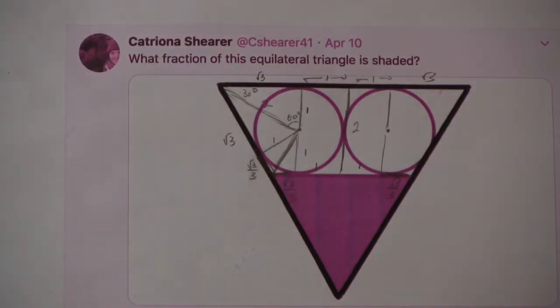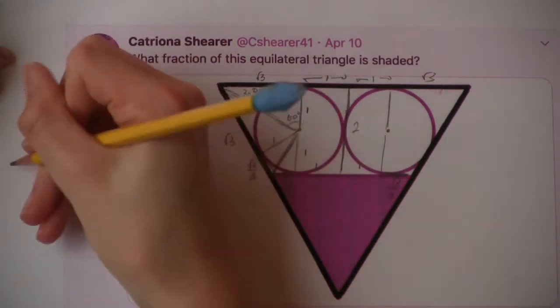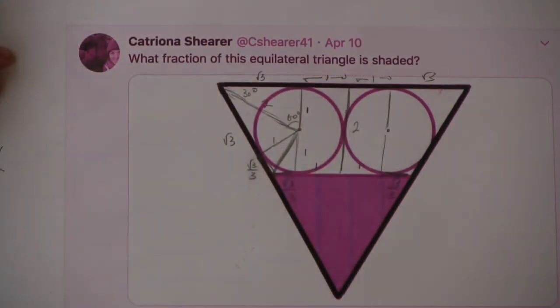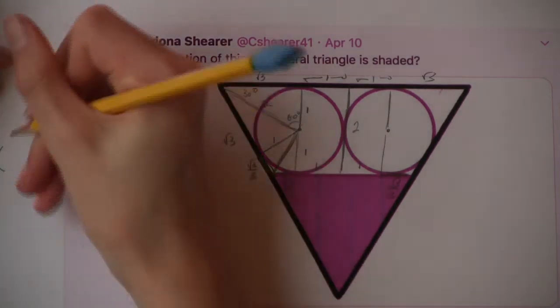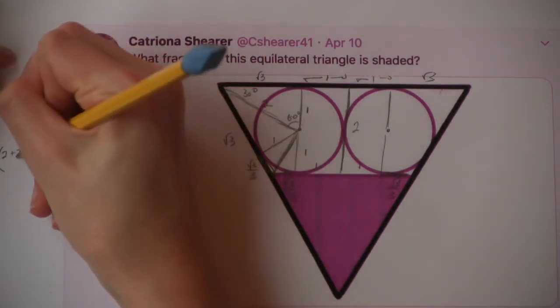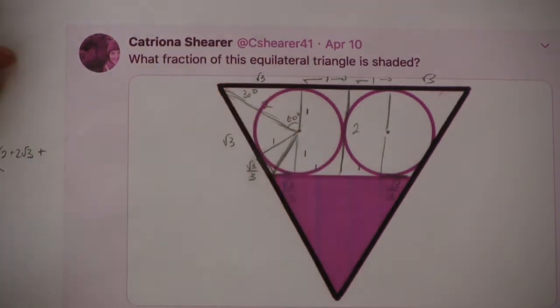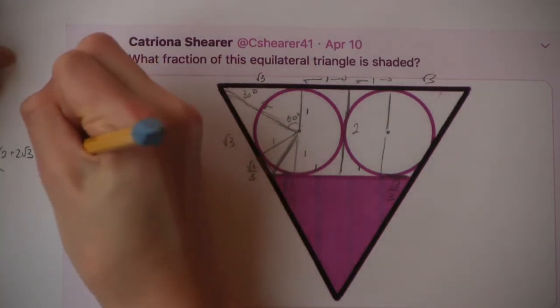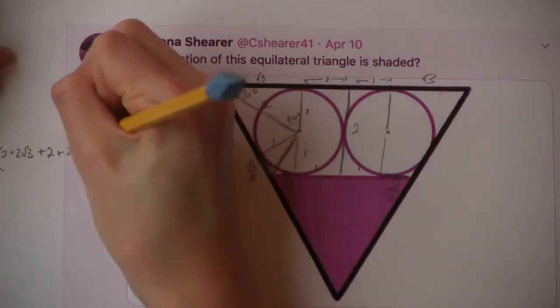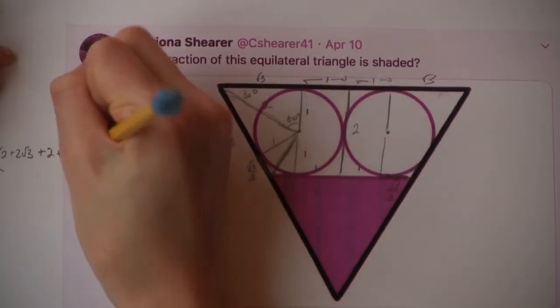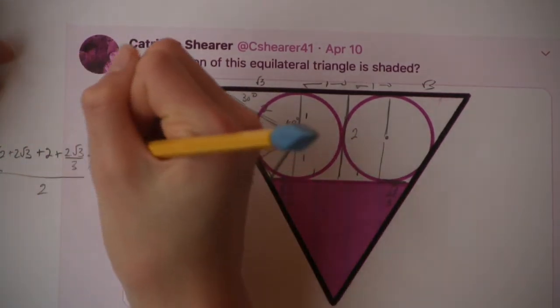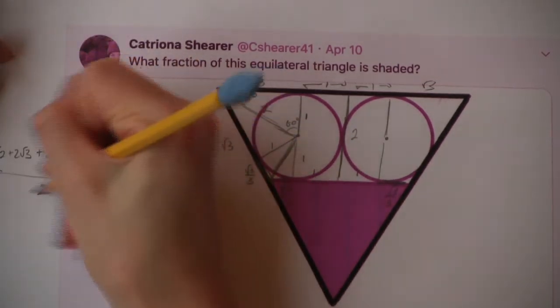That's really nice. To find the area of this trapezoid, we take the height, which is 2, times the average of the bases. So we have 2 plus 2 root 3 plus 2 plus 2 root 3 over 3, and then divide it by 2. So these cancel.